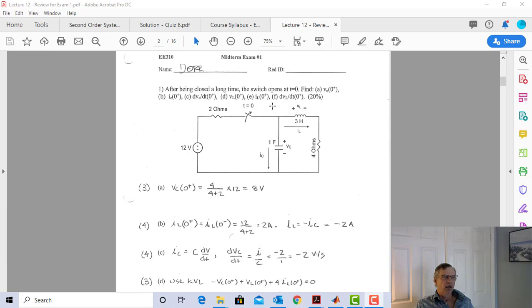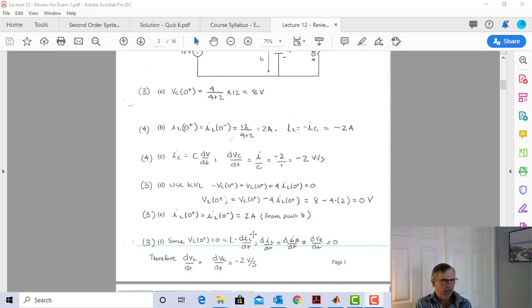Now I want dV L dt. So dV dt for the inductor. Well, that's kind of weird. Usually I get di dt for an inductor because V equals L di dt. But here I asked for dV L dt. So that's going to be kind of fun.